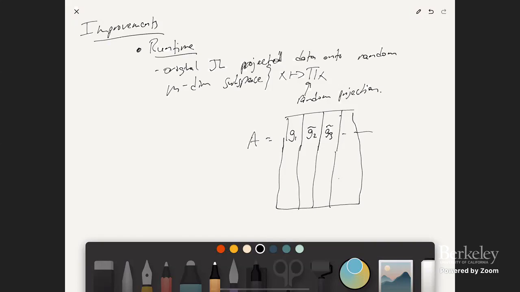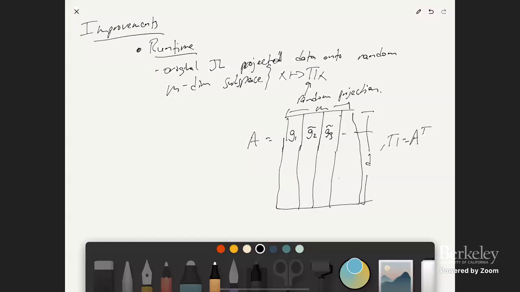I want to pick an m-dimensional subspace out of d dimensions. So this is d, and this is m. But in fact, now I can even just set pi to be basically A transpose, and that's fine.